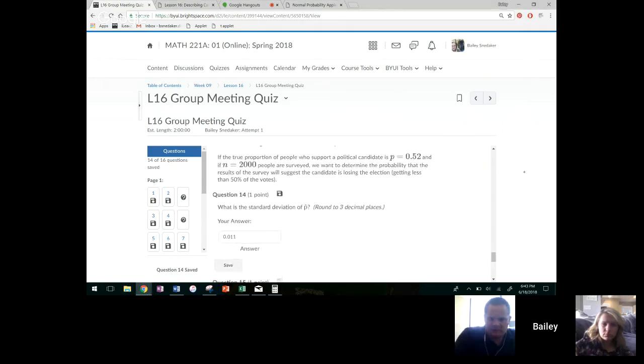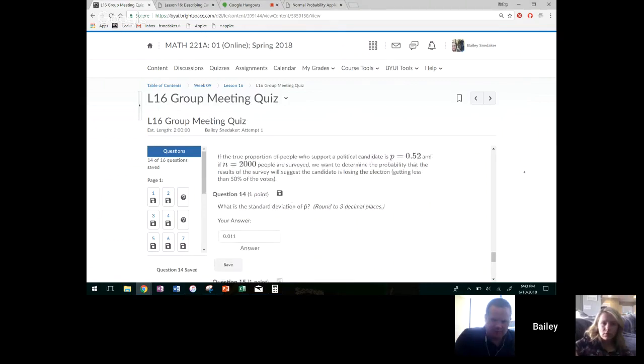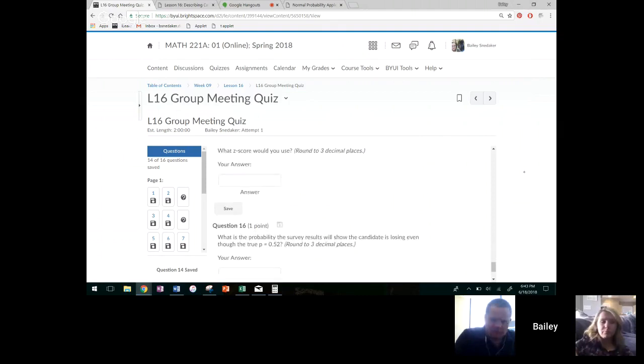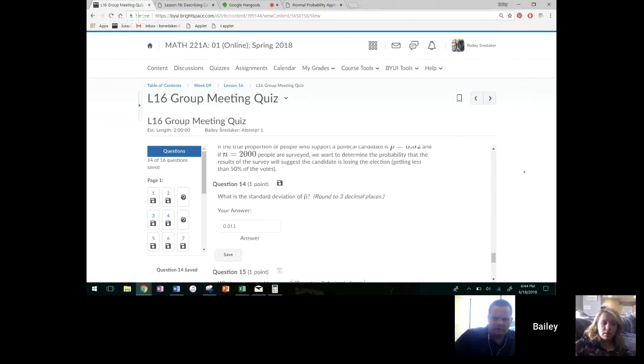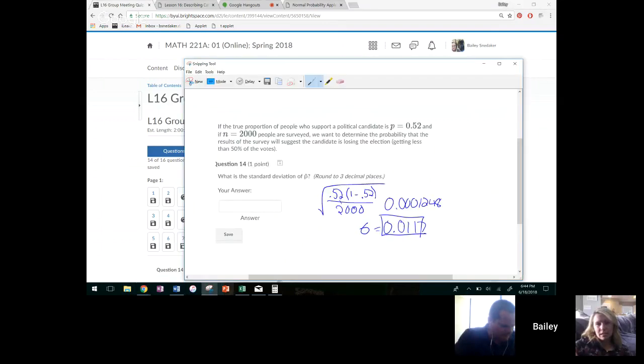So is P the value, or P is the mean, right? P is also the mean. So I'm just trying to set up the formula here. Well, what would P hat be? P hat should be 0.011.